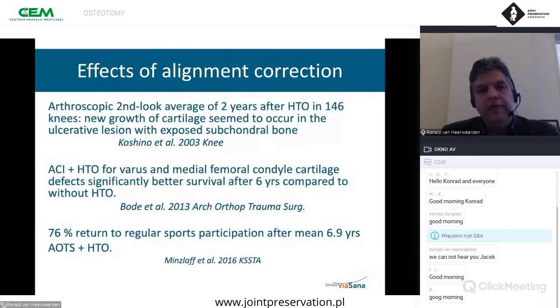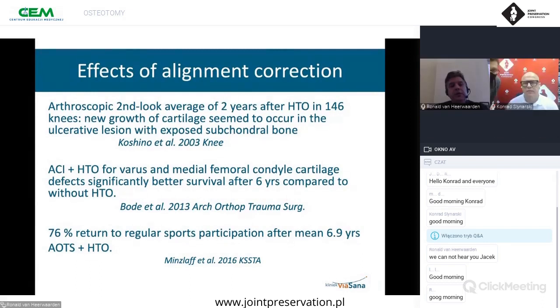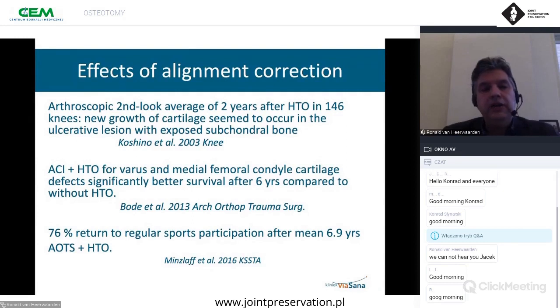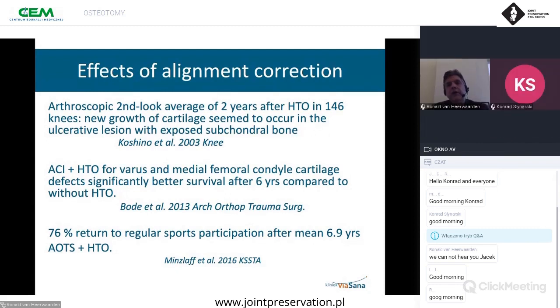All kinds of other effects of alignment correction have been documented: arthroscopic second look surgeries by Cuscino, ACI and HTO, and return to sports. Return to sports is also a very important issue in the last 3 to 4 years. And there are many publications that report that after HTO, return to sports is very successful, equal also after distal femoral osteotomy.